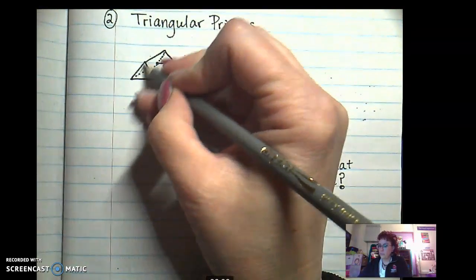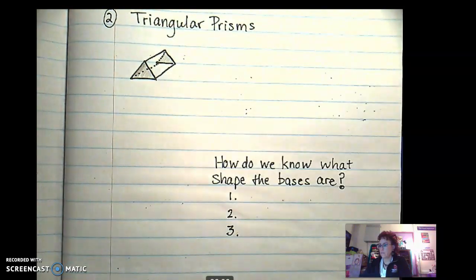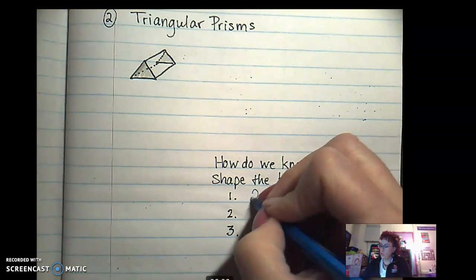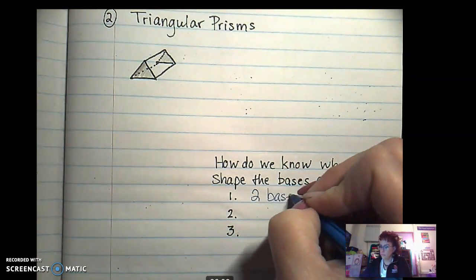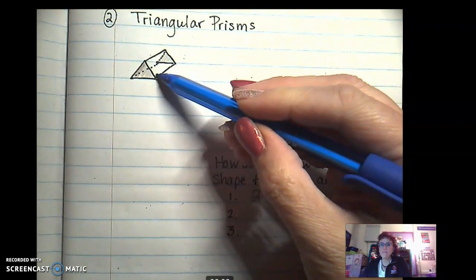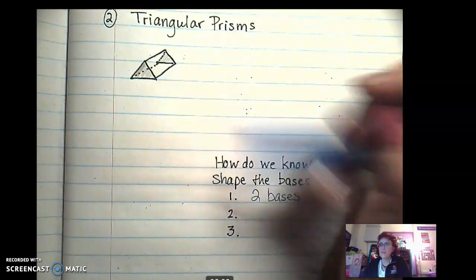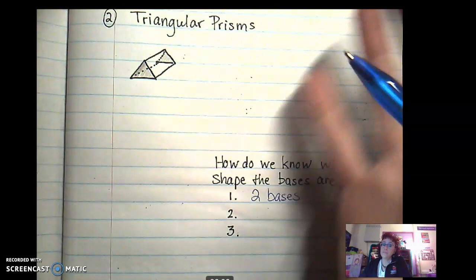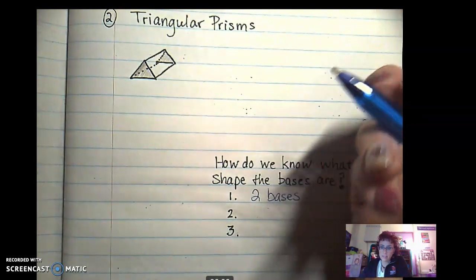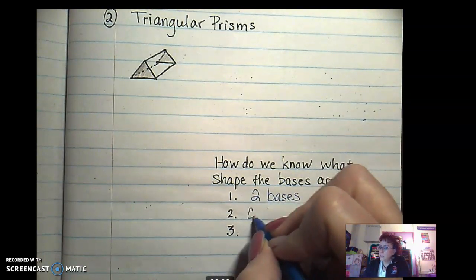Well, remember, there's only 2 bases always. It's not that the bottom is the base, because the bottom of this is a rectangle. It's sitting on a rectangle, right? So there's 2 bases. They have to be congruent.